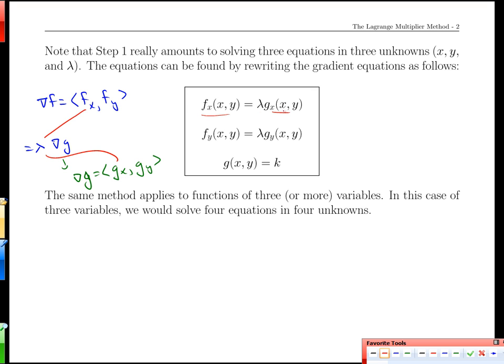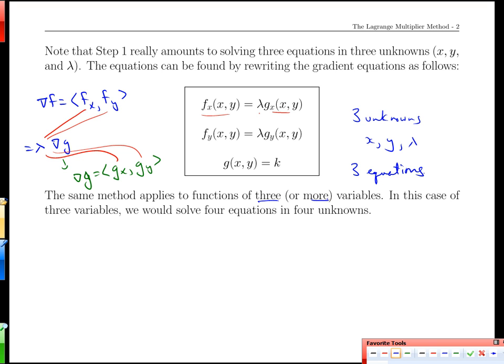So we have a nice package there, again with a scalar. And likewise, the y derivatives with lambda will make another equation. If you look carefully, there are three unknowns here, x, y, and lambda, and fortunately, we have three equations. So it's quite likely that we'll be able to find a solution to this if we try.